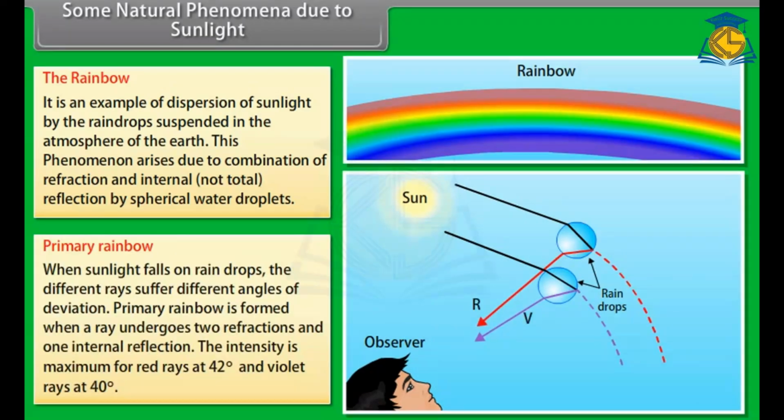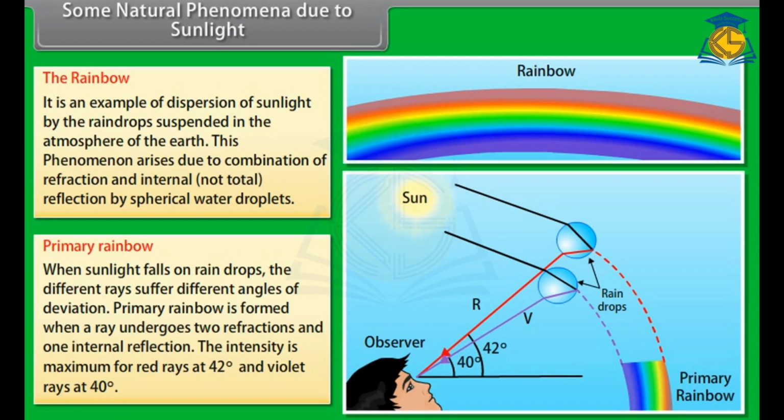When sunlight falls on raindrops, the different rays suffer different angles of deviation. A primary rainbow is formed when a ray undergoes 2 refractions and 1 internal reflection. The intensity is maximum for red rays at 42 degrees and violet rays at 40 degrees.